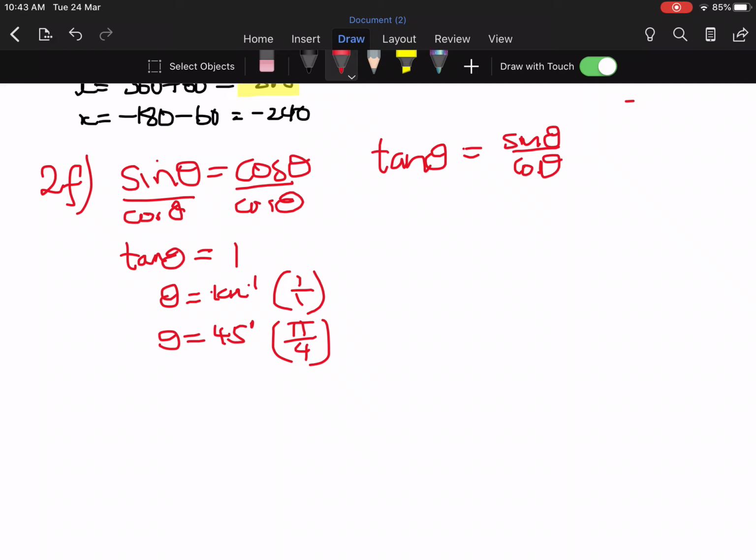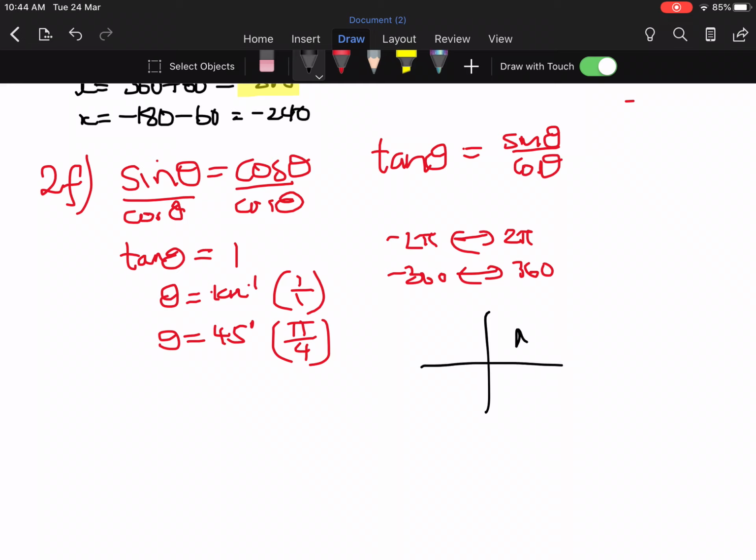Okay, that's given me one of the angles, but now I need to remember that it's negative 2 pi to 2 pi, which is the same as negative 360 to 360. So again, this one I'm not going to draw the tan graph because the tan graph's a pretty awkward one to draw. So I'm just going to use my unit circle now.